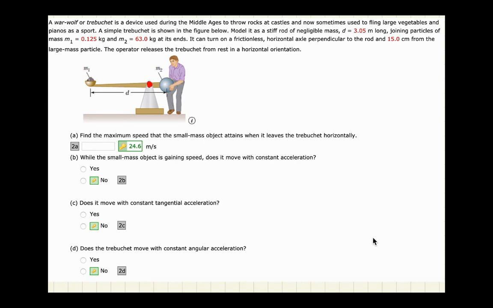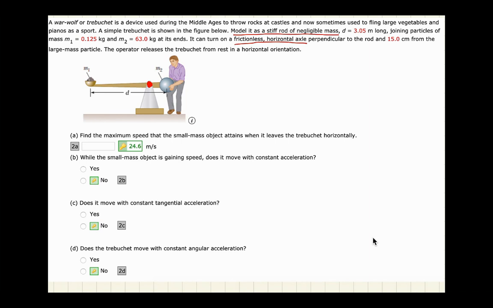We have two masses, obviously, and those two masses are different distances away from that rotational point. We're told that it's turning on a frictionless horizontal axle.